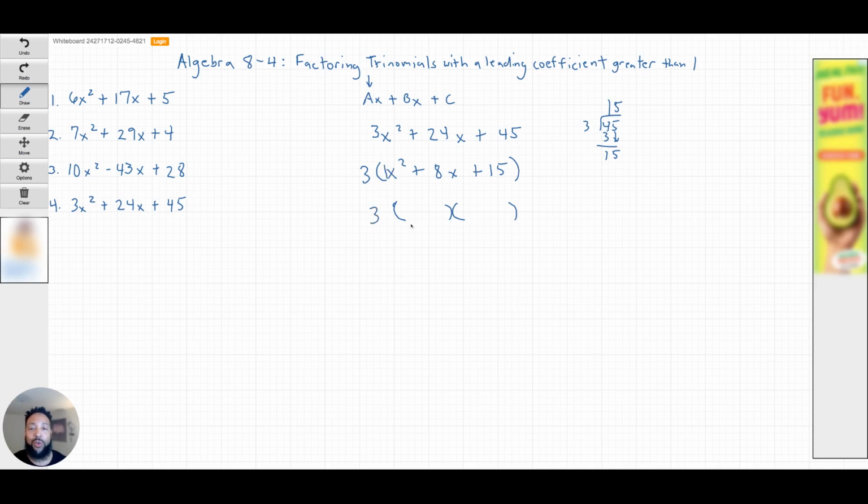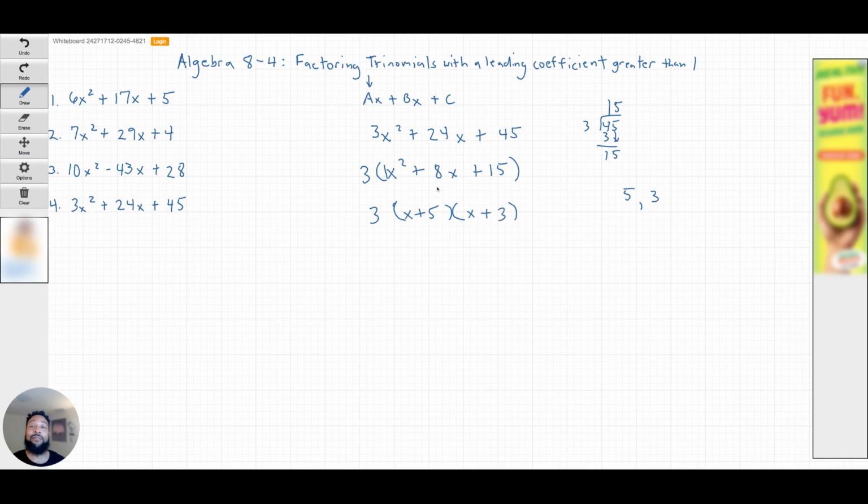So we have this 3 outside here. Now this becomes a regular x squared plus 8x plus 15. We find what two numbers multiplied by each other give you 15, but when you add them, you get 8. That's a 5 and a 3. So we have x plus 5 and x plus 3.